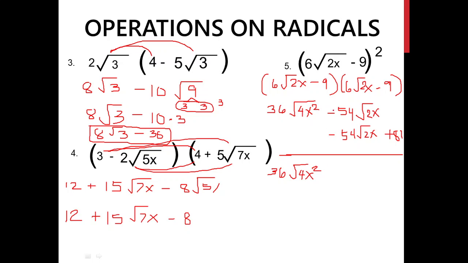Now this one, similar sign, so we can add them together. So 54 plus 54, then you copy the sign, 108, and then copy the radical sign. There's no need to add the radical sign because the operation is addition. You only need to copy the radical and then bring down positive 81.